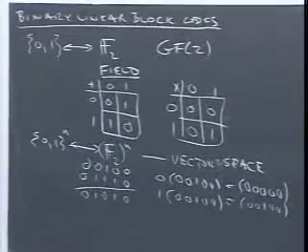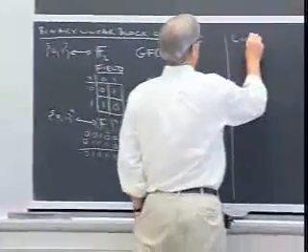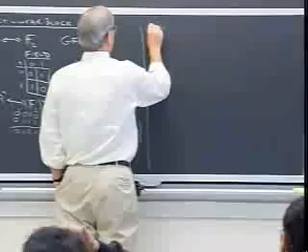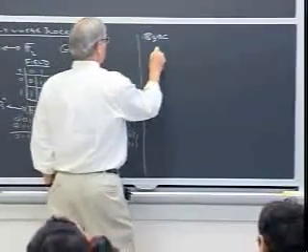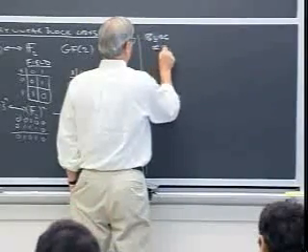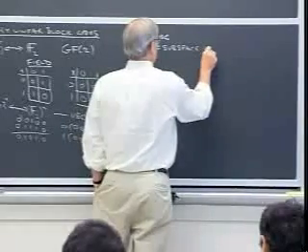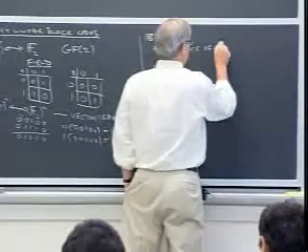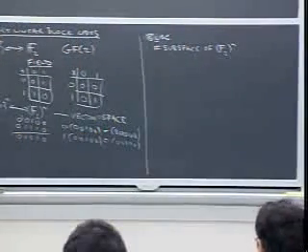Okay, this seems pretty trivial so far, but what's a binary linear block code? Again, focusing on the linear, I'll give a formal definition: it's a subspace of F2 to the n for some n, called the block length.